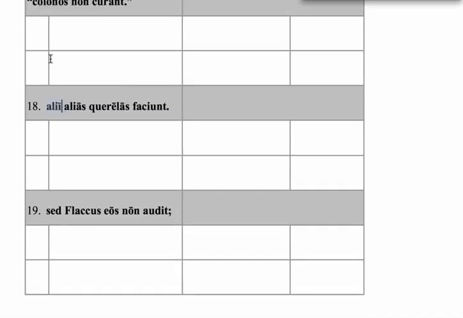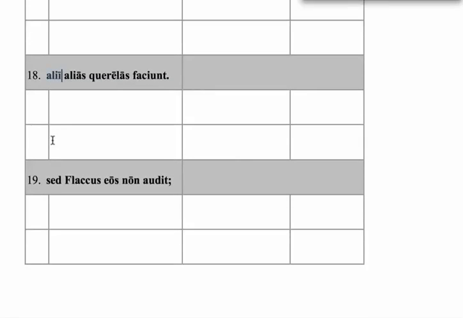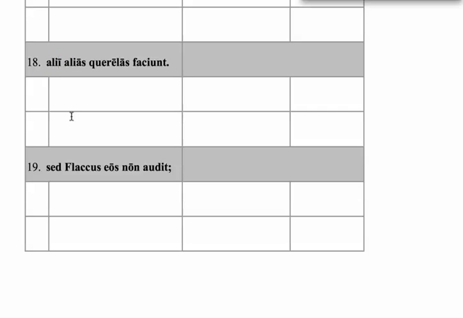Alii, same ending as before, plural. Long I, meaning nominative, meaning it goes in this box. Okay. Then the verb ending in nt, and then this word querulos again with the same ending, modified by alias, so that will go in the direct object box to the right.